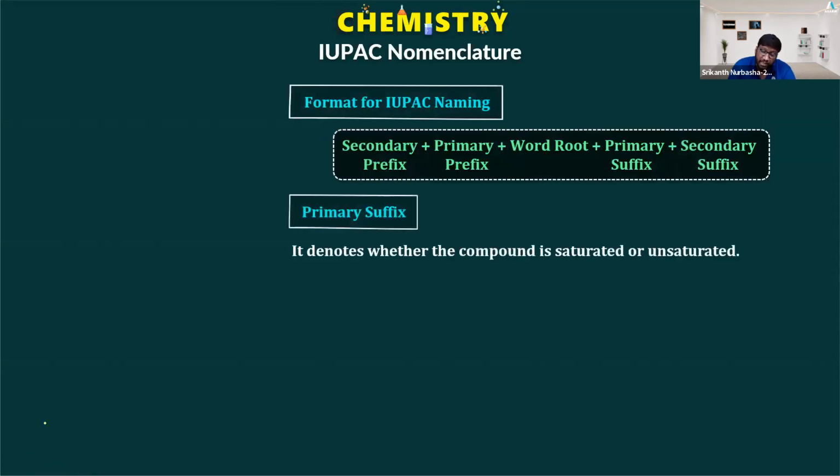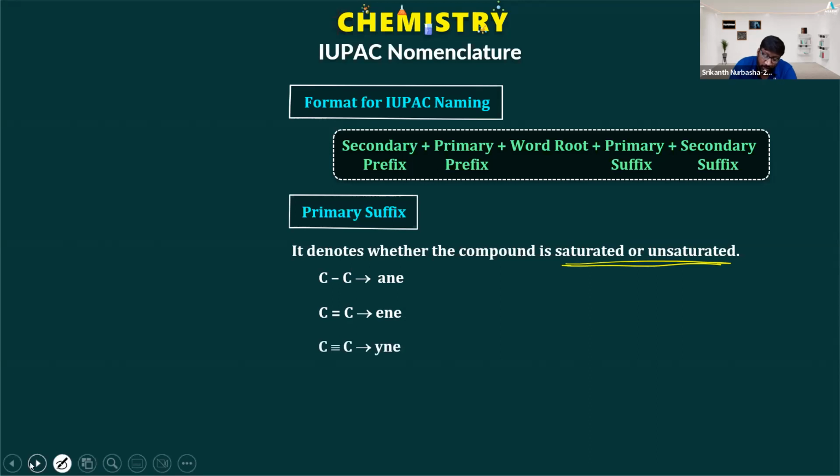And in the format again, secondary prefix we have given substituents. Primary prefix we have given type of cyclic linkages. Root word, number of carbon atoms. Primary suffix denotes whether the compound is saturated or unsaturated. That is the type of carbon-carbon linkage. Carbon-carbon single bond means ane. Carbon-carbon double bond means ene.